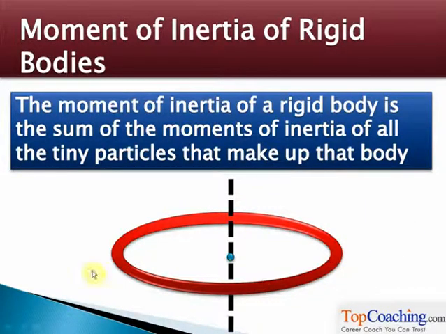Take a look at this ring, for example. Let's try to calculate the moment of inertia of this ring about its center of mass axis. You can see that the center of mass of the ring is at its center. We have drawn an axis perpendicular to the plane of the ring, this black dotted line, and we want to calculate the moment of inertia of the ring about this axis.